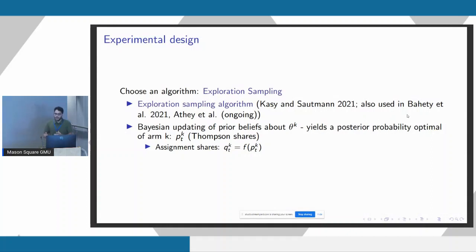What are we doing with exploration sampling? We are Bayesian updating our prior beliefs about theta k, and this yields a posterior probability that arm k is optimal. These are what the literature calls Thompson shares, and then the actual assignment shares that we use for each treatment arm are a function of those Thompson shares.